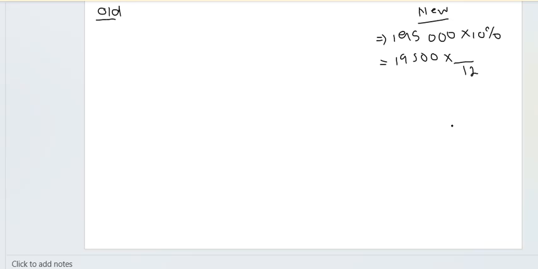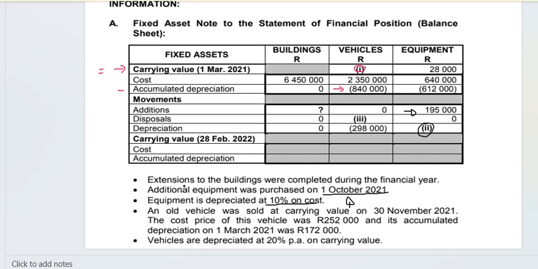But this equipment is new. According to the information, it was purchased on 1 October. So it wasn't there in March, April, May, June, July, August or September.